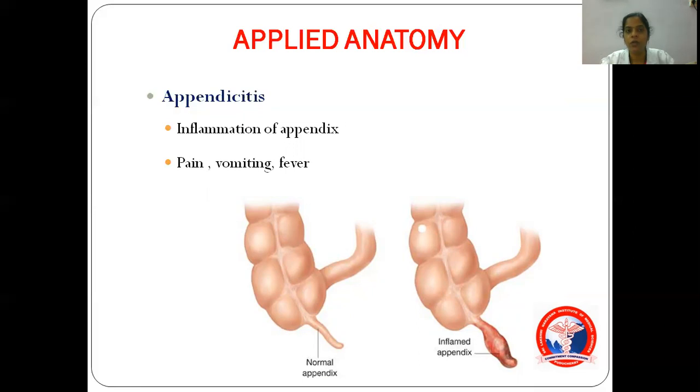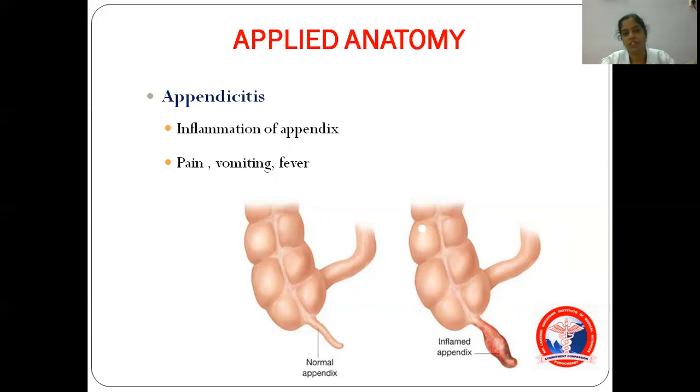Later on, due to local peritonitis, because infection and inflammation burst and enter the peritoneal cavity, the pain will be transmitted to the right iliac fossa.